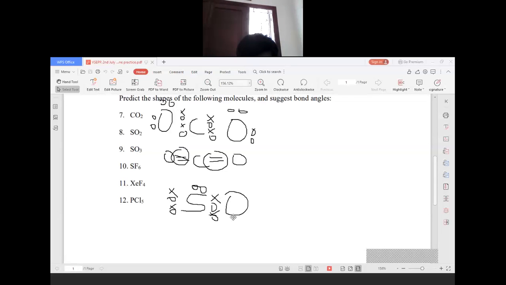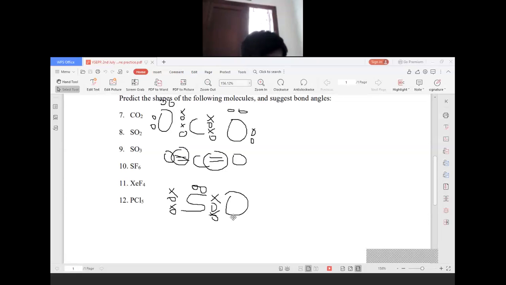With these 2 bond pairs and 1 lone pair, the bond angle is similar to tin chloride, which is 119 degrees, and the shape of the molecule is V-shaped.